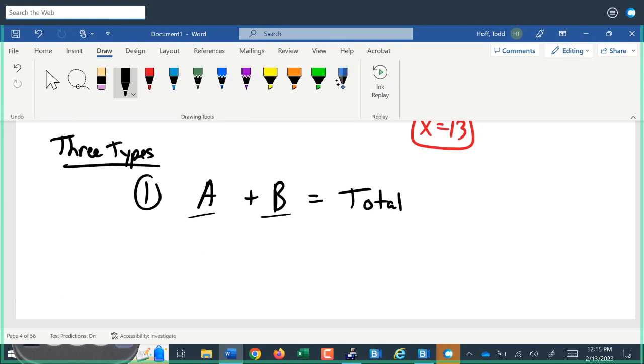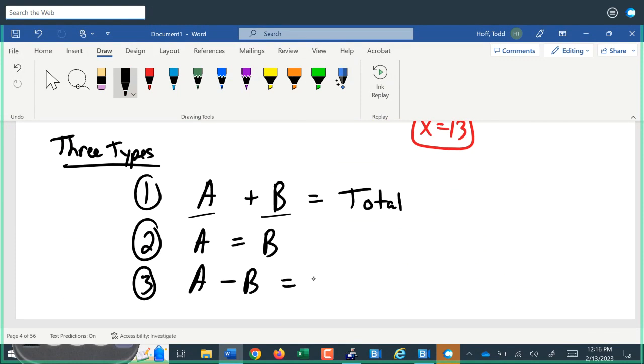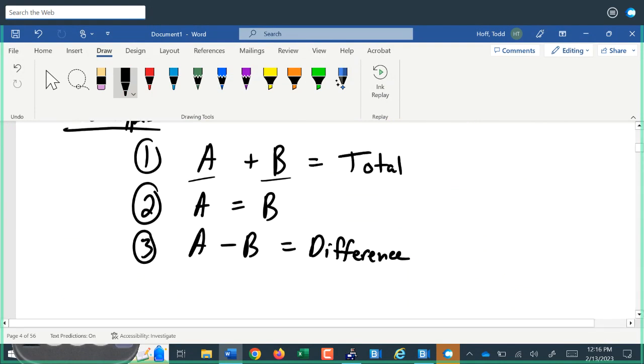Sam's sales plus Pat's sales added up to total sales. Another very common one is we have 2 amounts that are equal to each other. A has to equal B. And we'll see that in some cases. And the third one is a difference. A minus B equals some given difference or known difference. And that's also a pretty important one to look into.